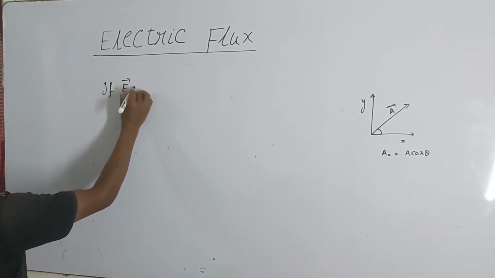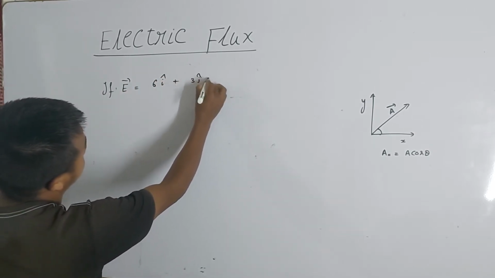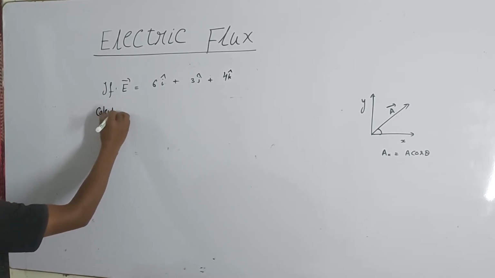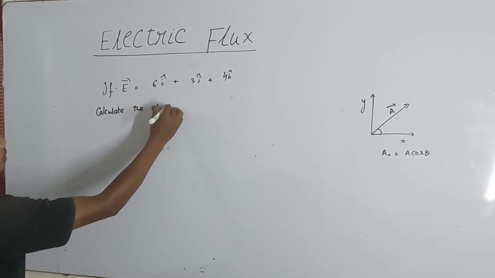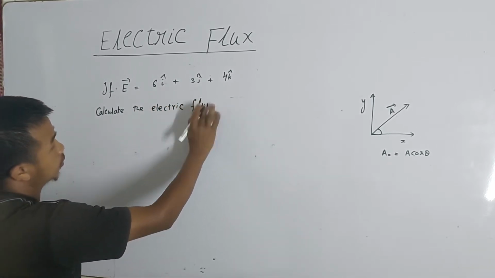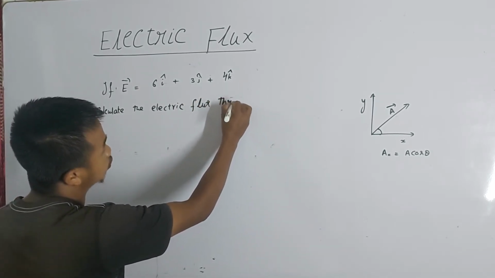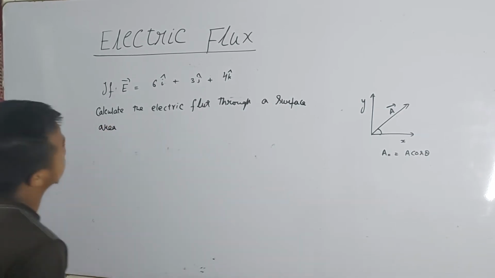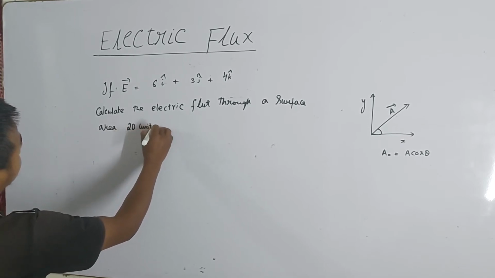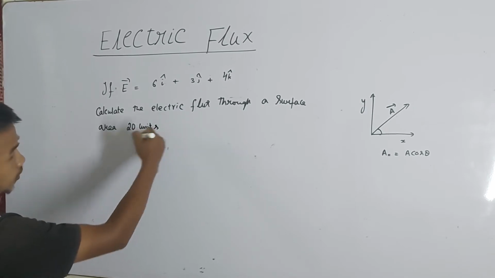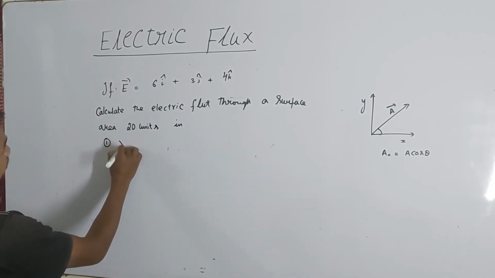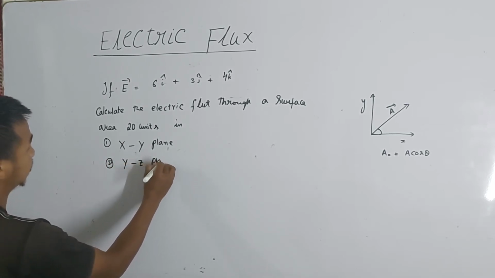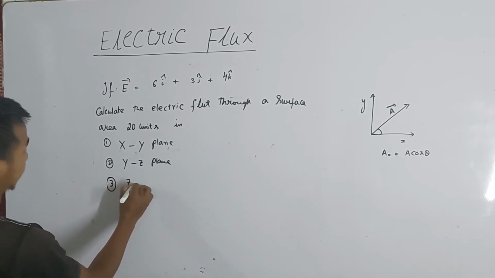If E equals 6i plus 3j plus 4k, then the question is to calculate the electric flux through a surface of area 20 units in number 1, the xy plane, number 2, the yz plane, and number 3, the zx plane.